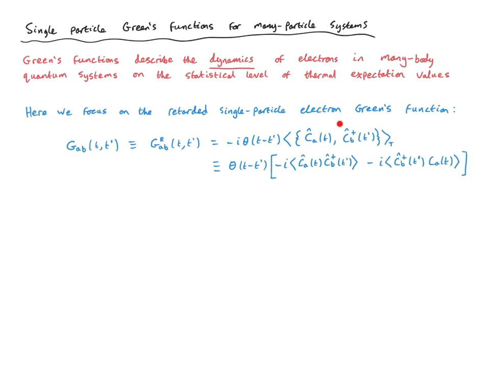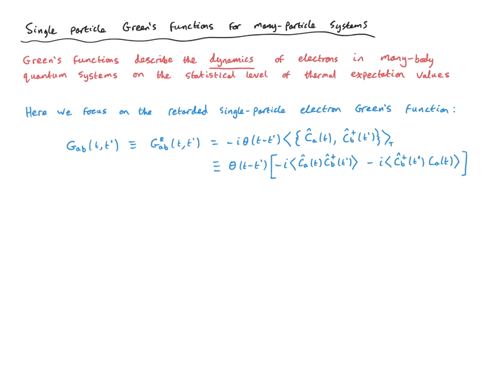Writing out this anti-commutator, I see that we have the sum of two terms. The first involves the thermal expectation value of C_A evaluated at time t, and C_B dagger evaluated at t', whereas the second expectation value has the order of these operators switched. We have C_B dagger evaluated at time t' and C_A evaluated at time t.